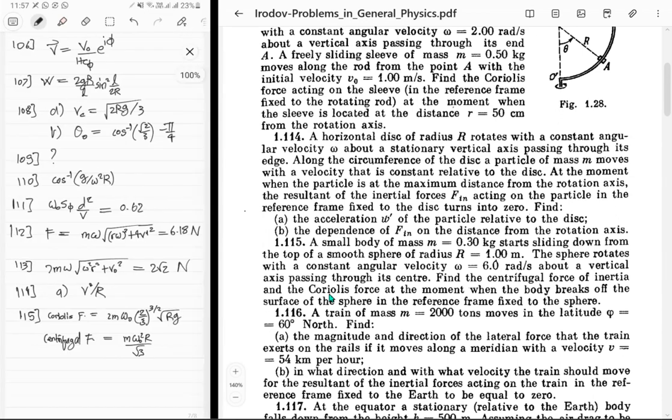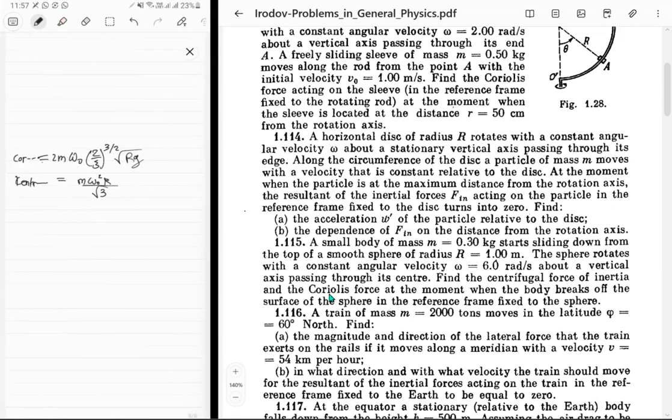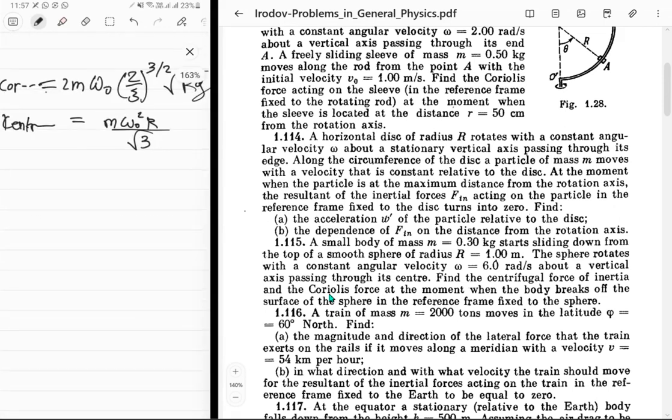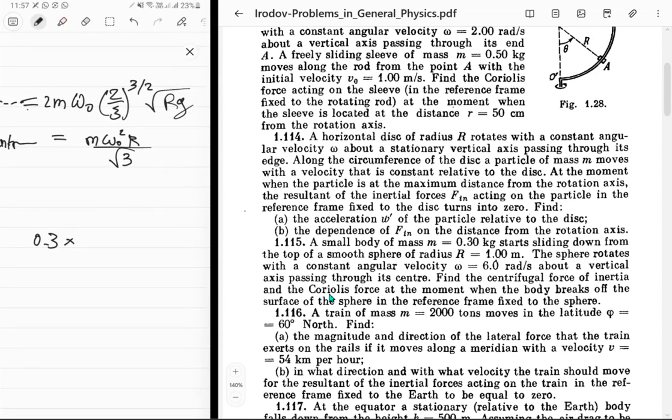Fine, let's calculate. First we'll start from centrifugal force. This is going to be m, which is 0.3, into omega naught squared. Omega is 6, so it's 36. That times the radius, which is 1. Square root 3 over here.